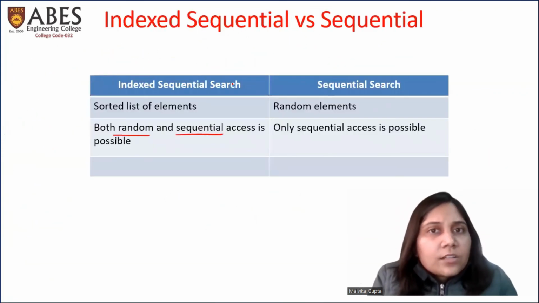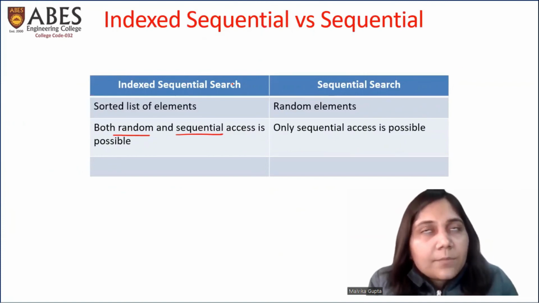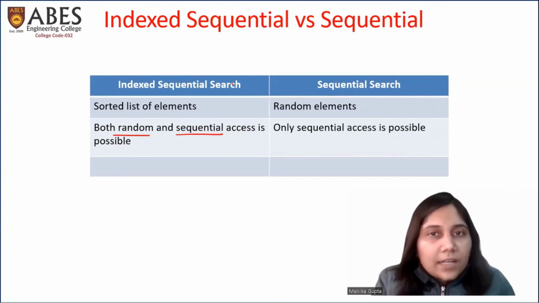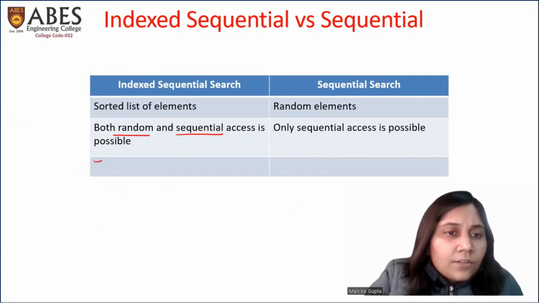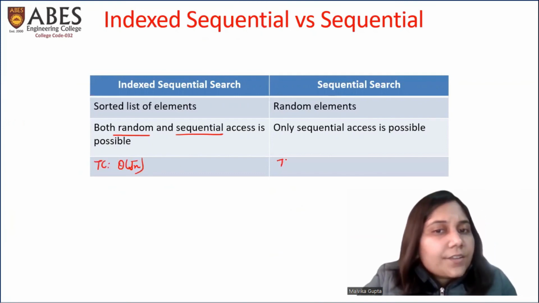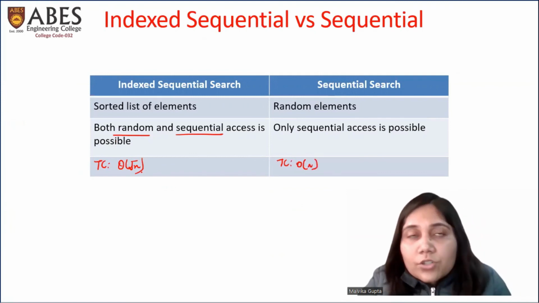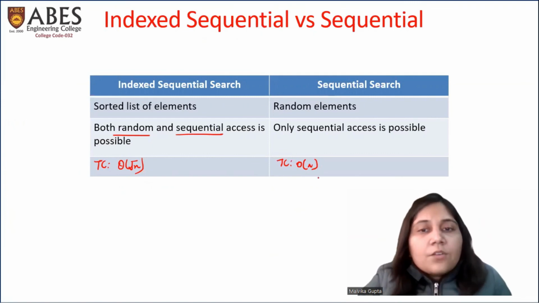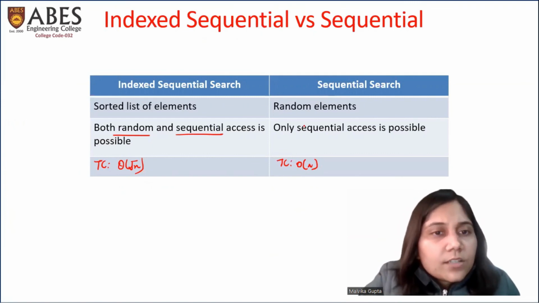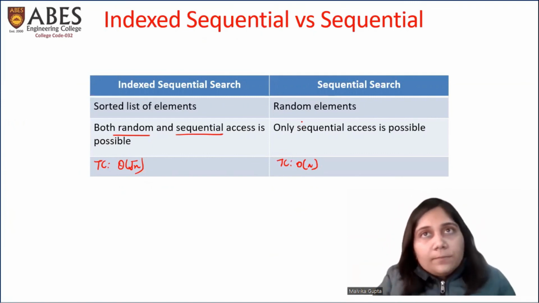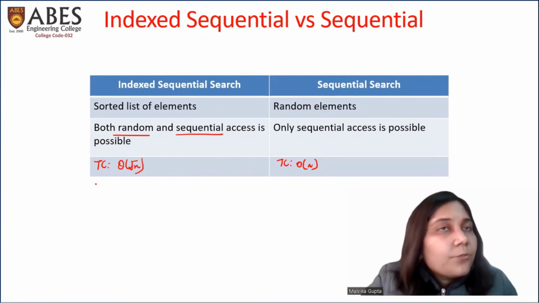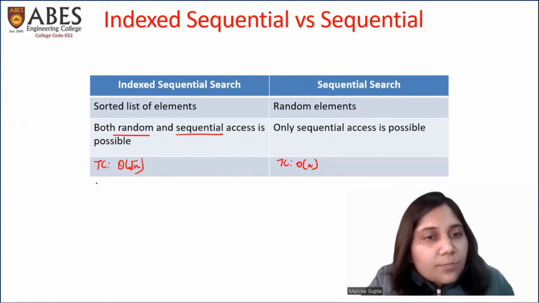In fact, in sequential search, we all know that it will go sequentially. We cannot skip a particular element. We have to check each and every element. Here we have calculated the time complexity, which was order of root n. There the time complexity is order of n, which is higher as compared to this one. But here, if you see, we used to do this searching technique in the given array, but here for searching we need extra space.